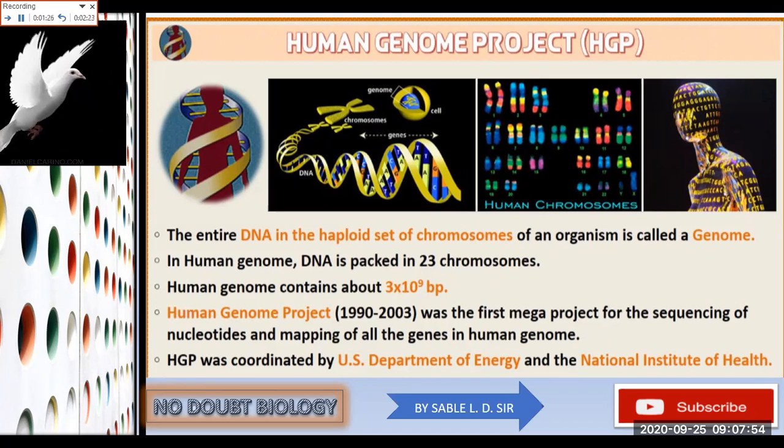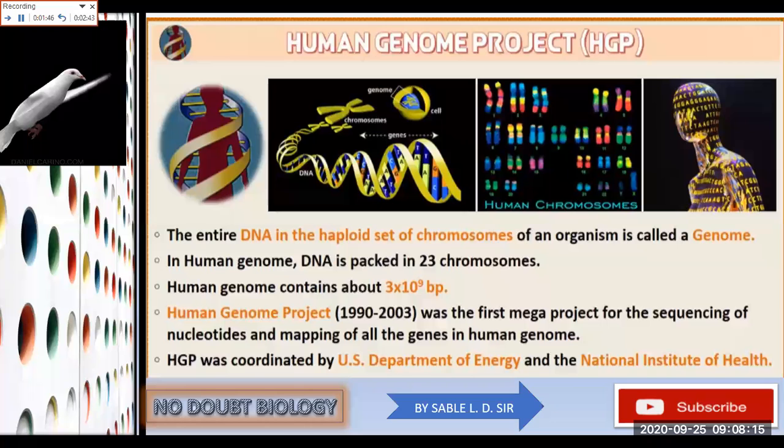The Human Genome Project was carried out from the year 1990 to 2003. This period was required for the detailed study of the human genome.